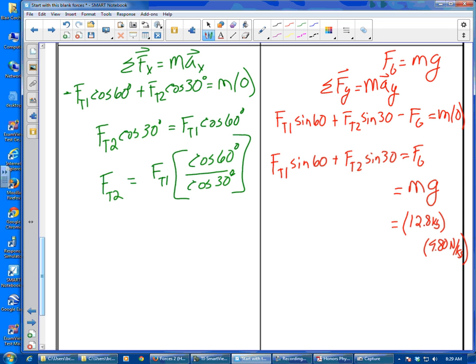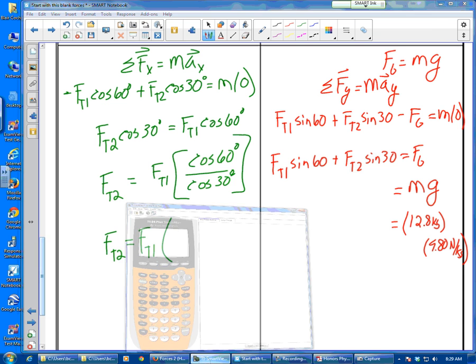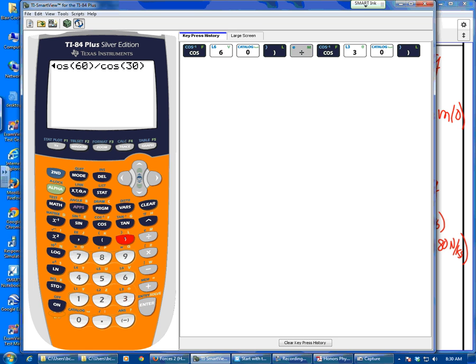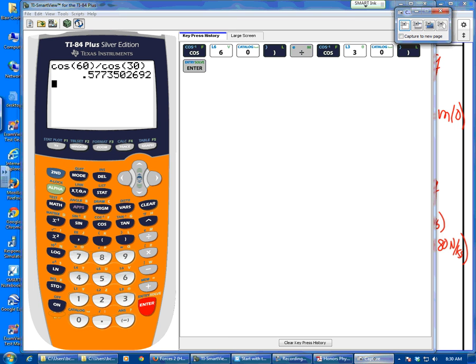Sunk in? Okay. I'm going to figure out the number of that now. Calculator. Cosine of 60 divided by cosine of 30. Yay, that's a happy number.